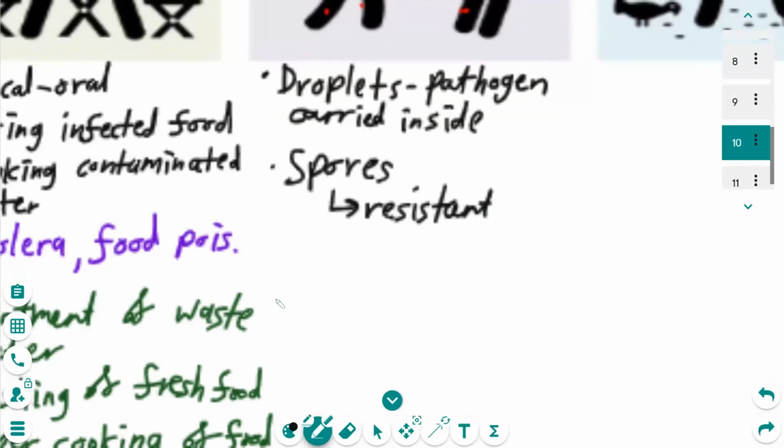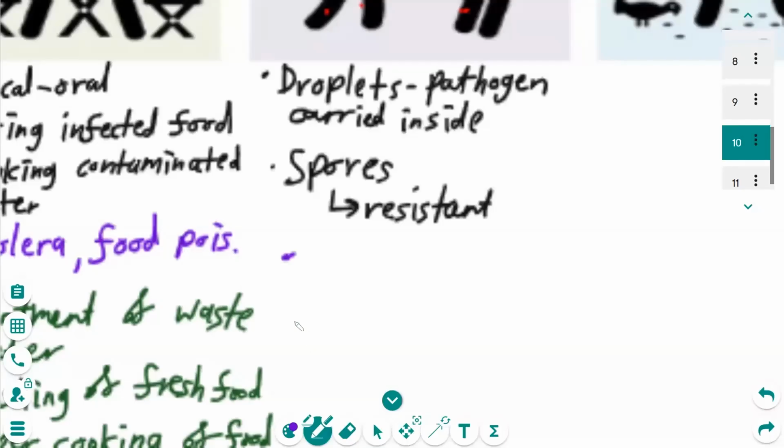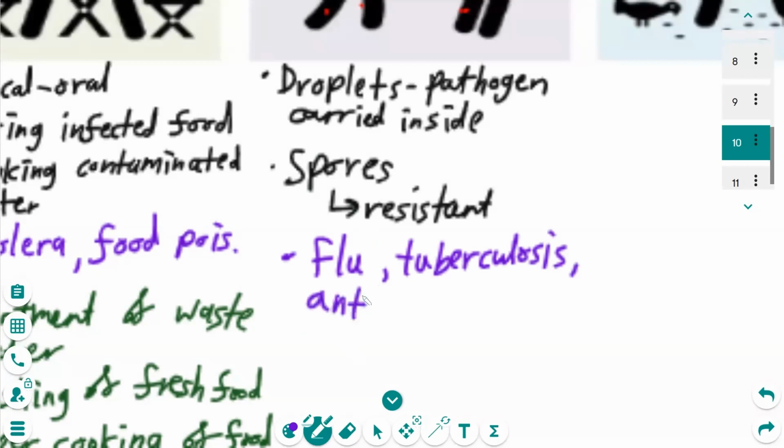And good examples of droplets are flu and tuberculosis. But also good examples of spores are anthrax. So anthrax is one, and also tetanus.